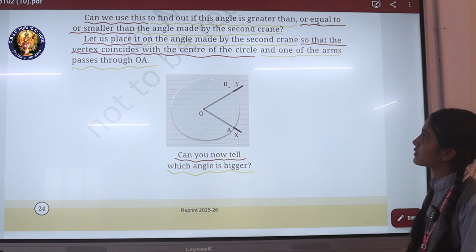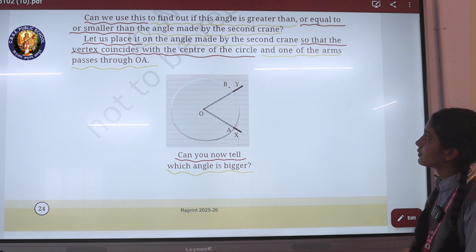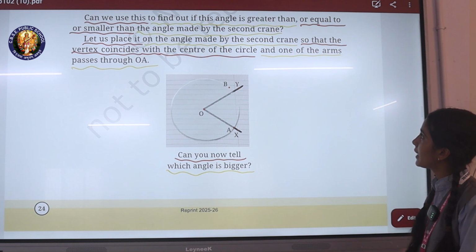Can we use this to find out if this angle is greater than, equal to, or smaller than the angle made by the second crane?